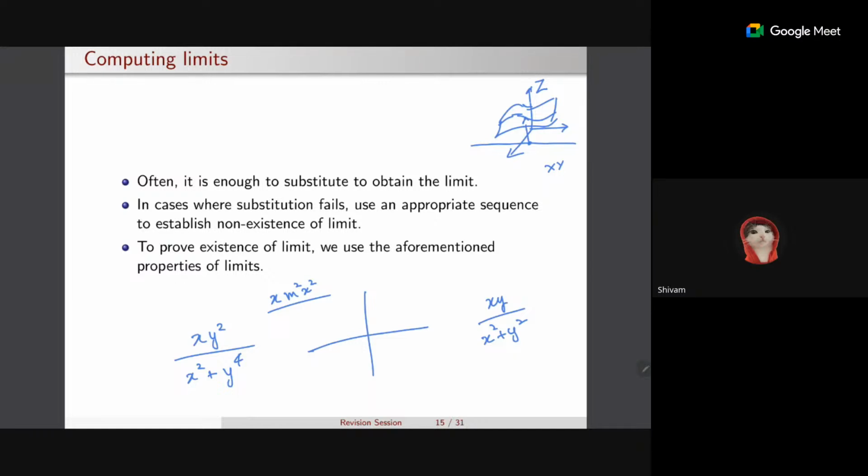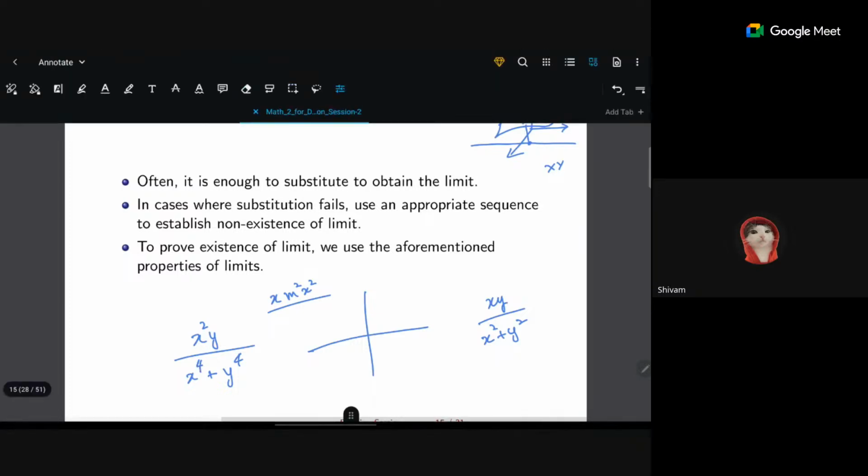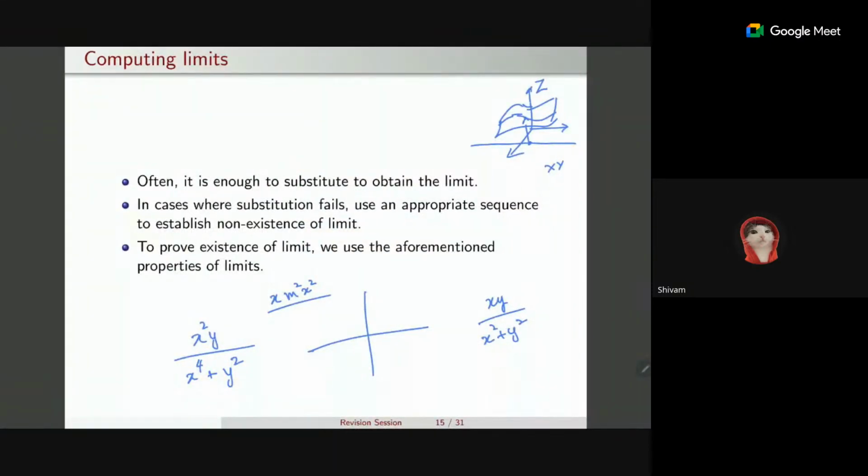Probably not. Let me do this: x square y over x to the power 4 plus y square. If I take this function and put y equal to mx, I get m x to the power 4 by x to the power 4.